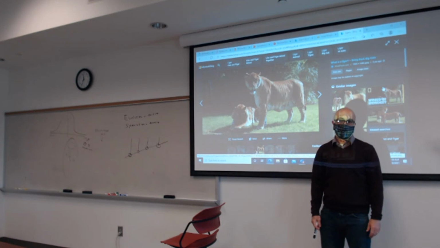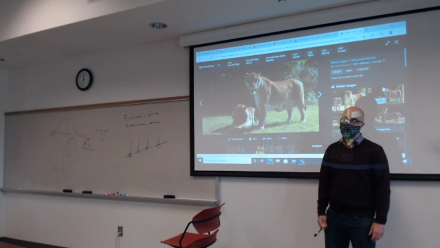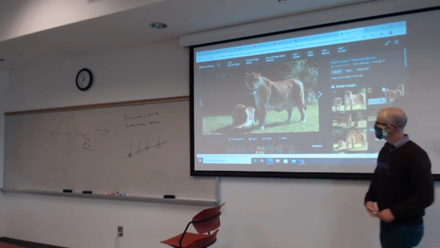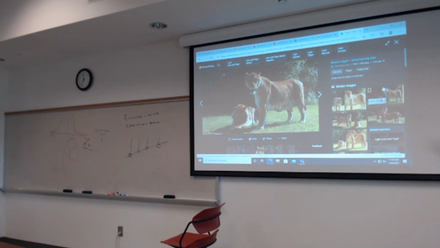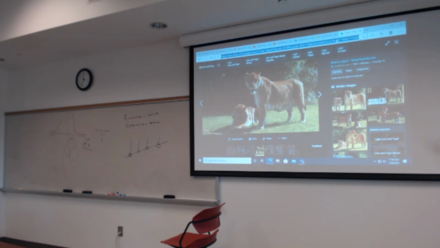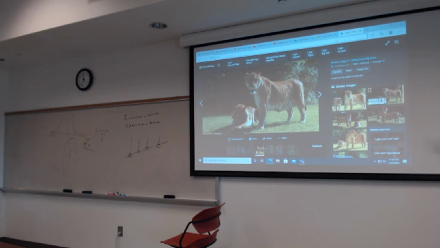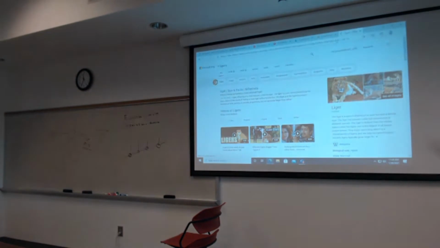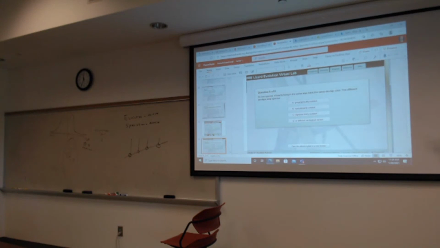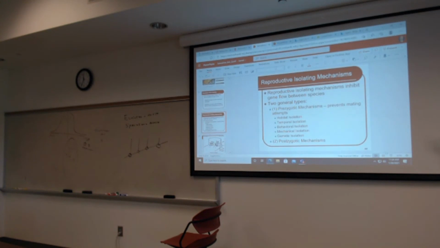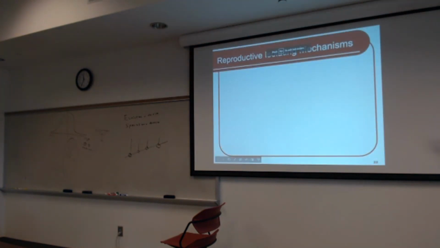Why is that? What kind of habitats do lions use? Yeah, lions are more like savanna, open grasslands, these kind of things. What about tigers? They're a forest animal, right? So why do they not just eventually blend together?